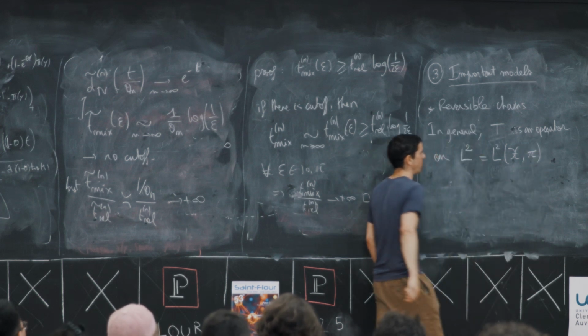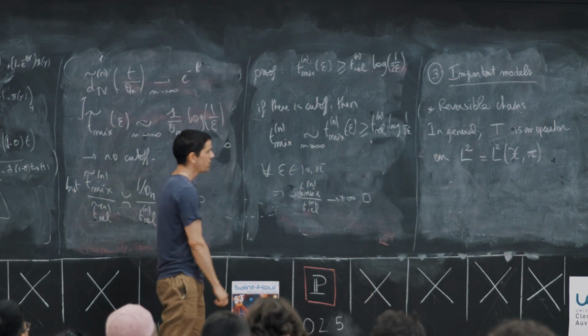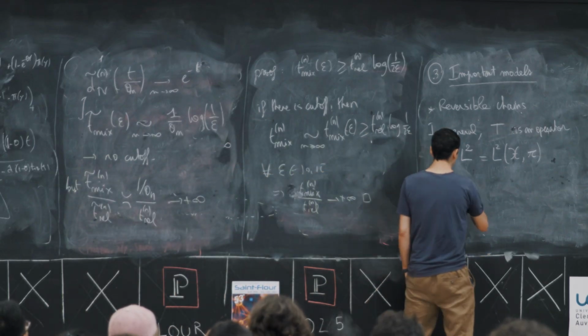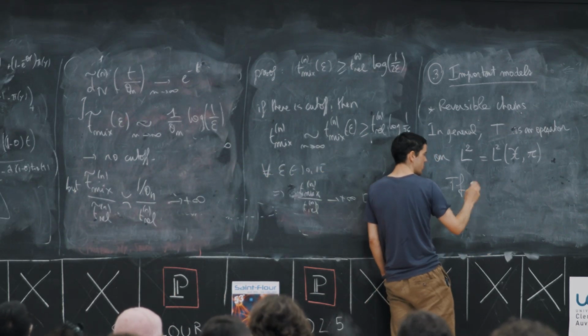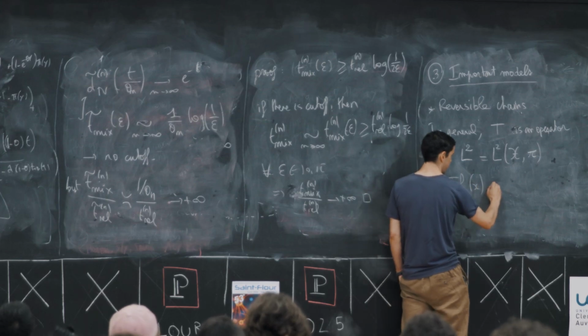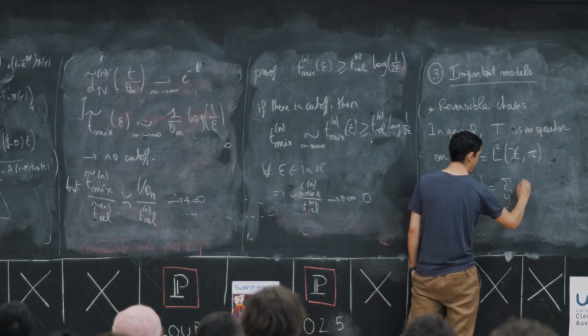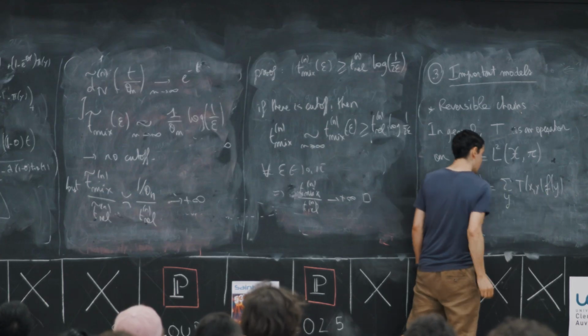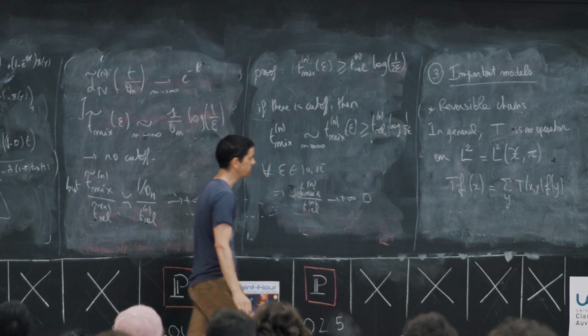It's the right choice for this, as you will see. Right? So this is a nice Hilbert space. You have a nice operator on this. And this operator just acts by multiplication as you would think. Right? So Tf of x is the sum over all y of T(x,y) f(y). So any matrix is just an operator on functions.